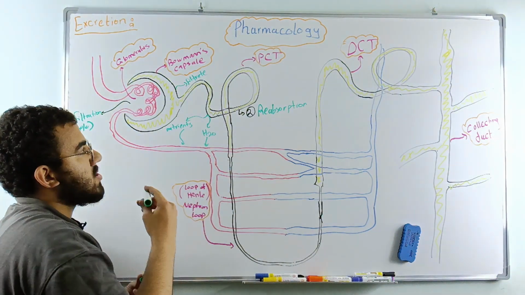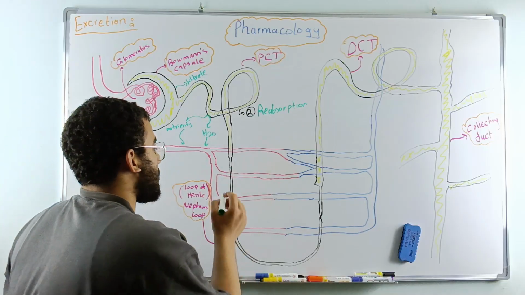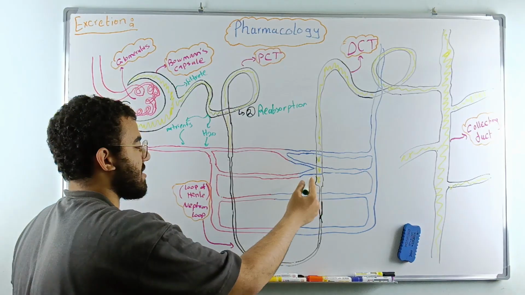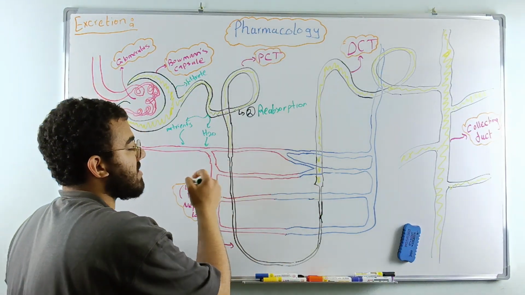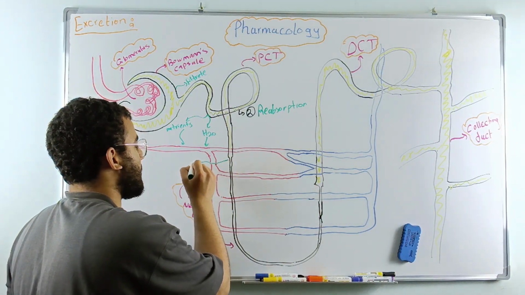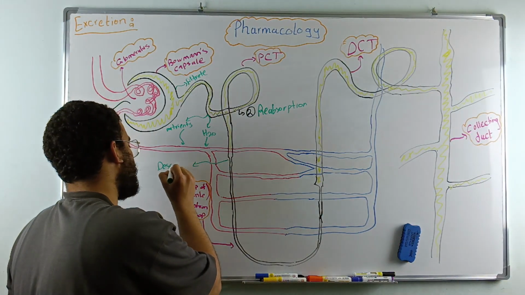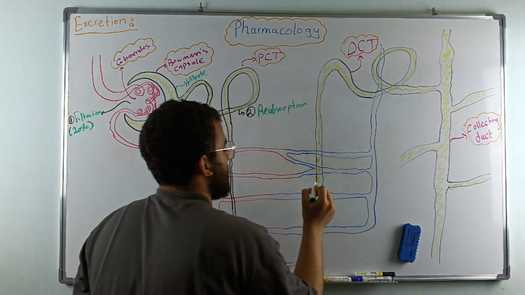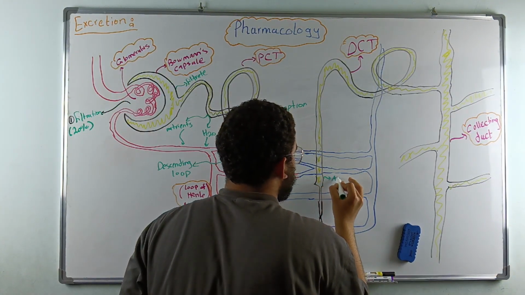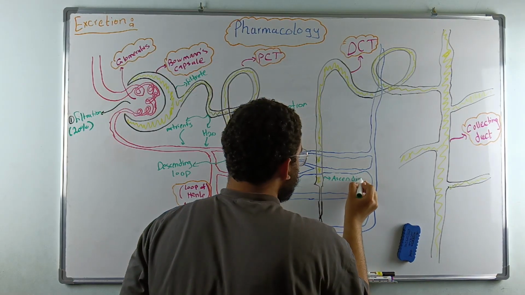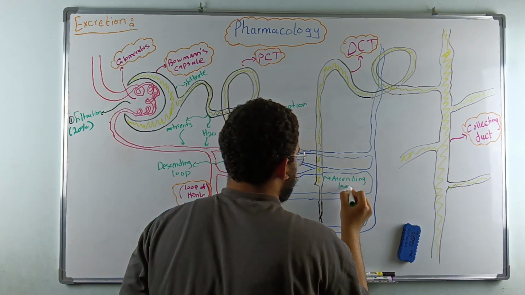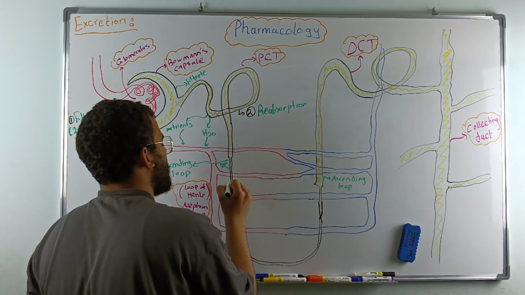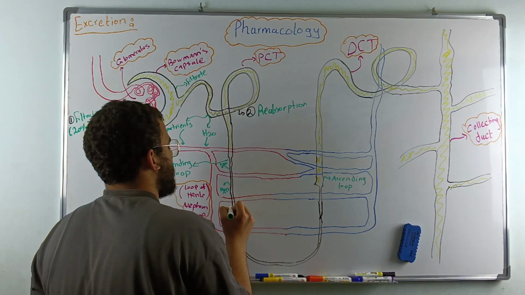So reabsorption starts from the proximal convoluted tubule. It keeps on going in the descending loop. The loop of Henle consists of a descending loop and an ascending loop. This is the descending loop, and this is the ascending one. Water reabsorption keeps on happening here, here, and here.